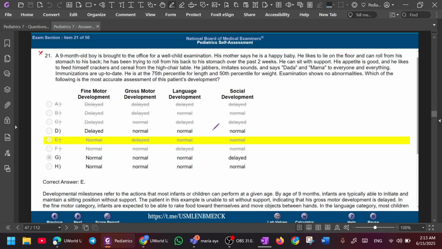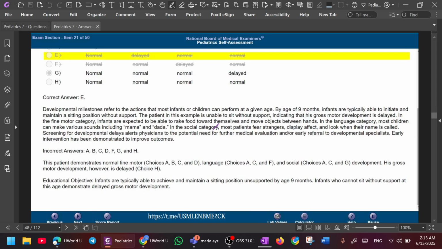Wait, I thought he was able to sit. He's trying to roll, blah, blah, blah. He can sit, oh, he can sit with support. Okay, never mind. Indicating that his gross motor development is delayed.